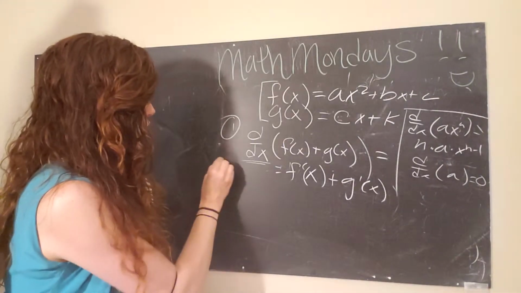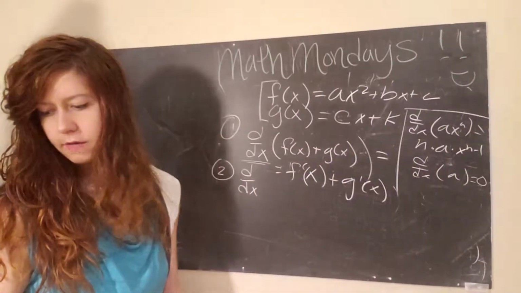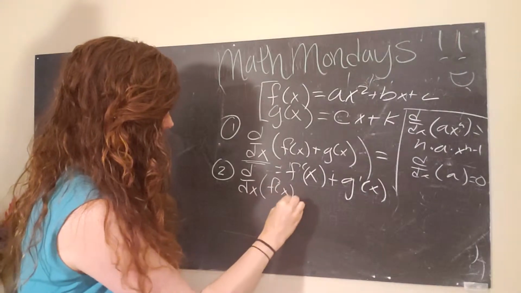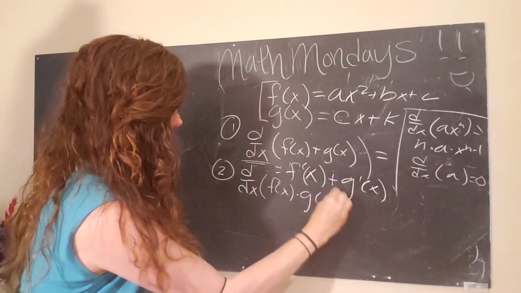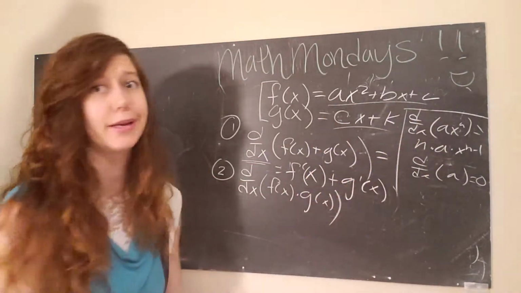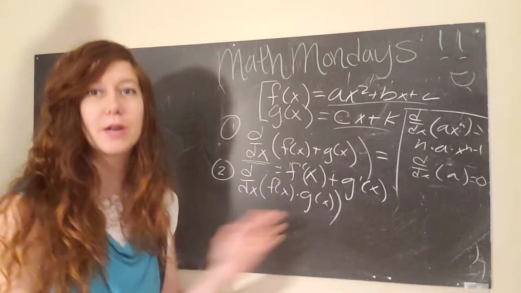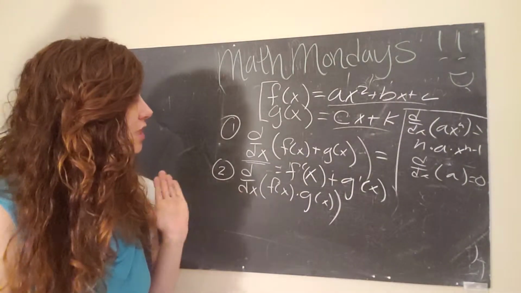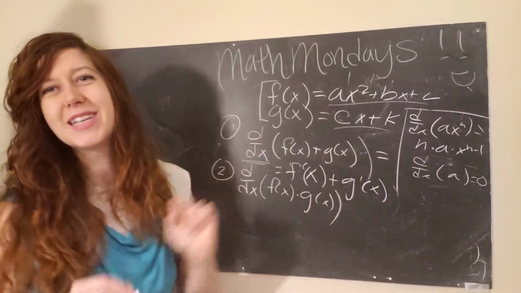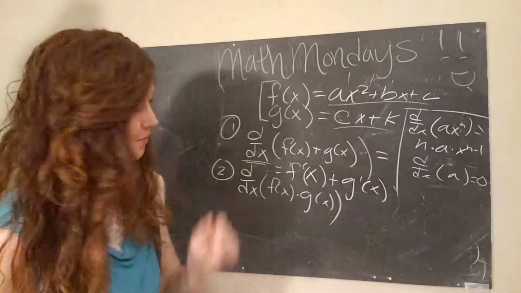Okay, what about the product rule? So let's say you have d/dx of f times g, so f of x times g of x. And let's be real, we want to be lazy. We don't actually want to multiply these two functions together because that would be way too much work. Especially because when we do derivatives, the constants are going to go to 0, so we can save our time and just do the derivative first and then plug in our functions later.